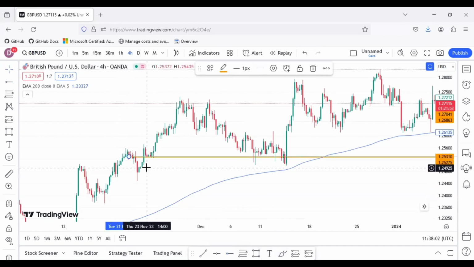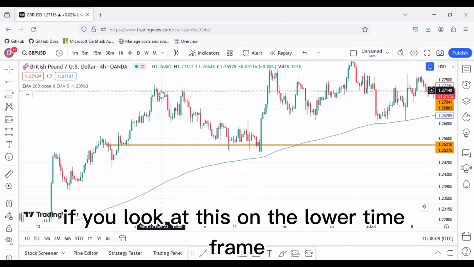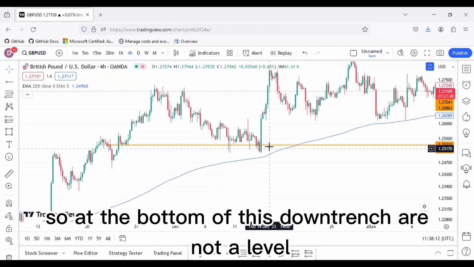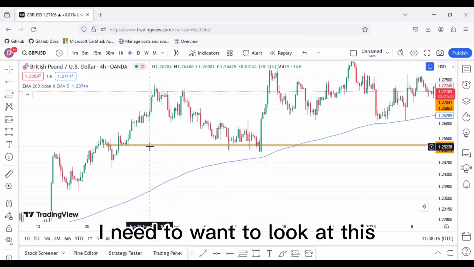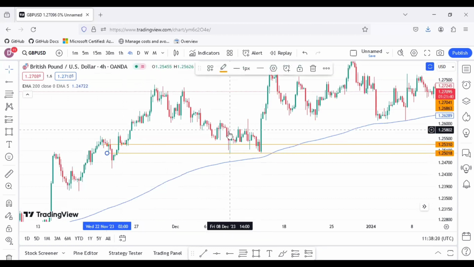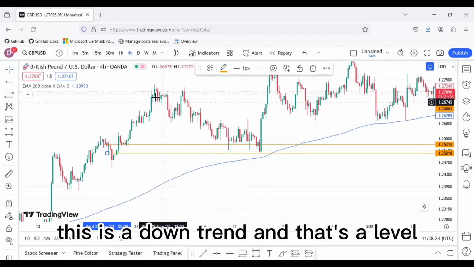So we have this retracement. If you look at this on the lower time frame, this is a downtrend. So at the bottom of this downtrend and at a level, you can see that this is a downtrend and at a level.